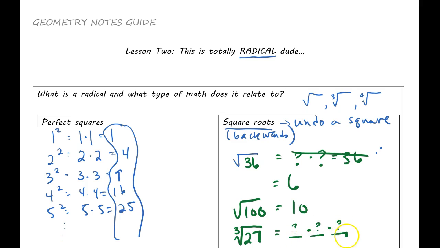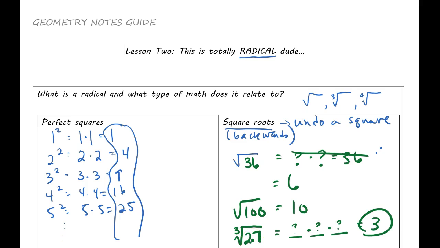They all have to be the same number. Since there's a 3 here, it's how many times you have to multiply that number by itself. So it's not 2 times 2 times 2, because that's 8, but 3 times 3 times 3 should work. That's just in case you see it, but most of the time you're going to see square roots.